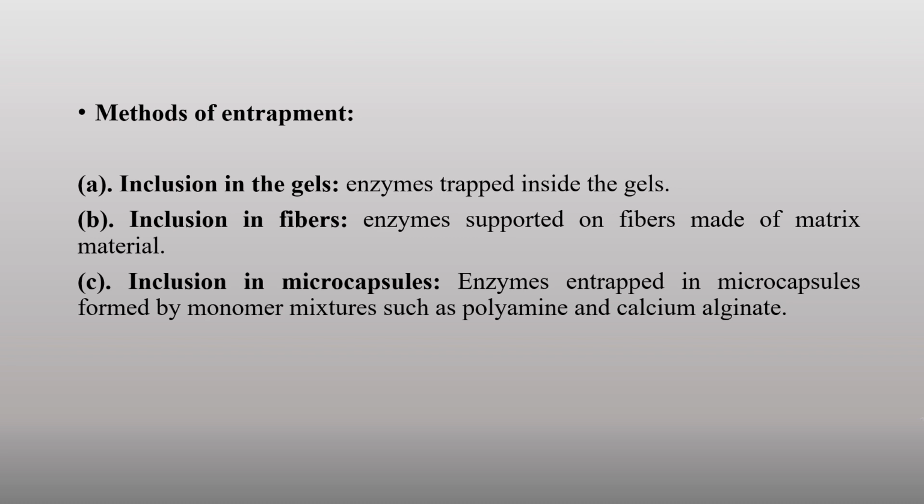Enzymes trapped inside the gels. Inclusion in fibers. Enzymes supported on fibers made of matrix material. Inclusion in microcapsules. Enzymes entrapped in microcapsules formed by monomer mixtures such as polyamine and calcium alginate.